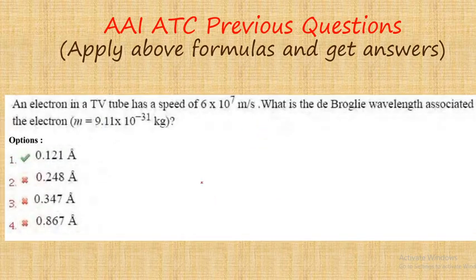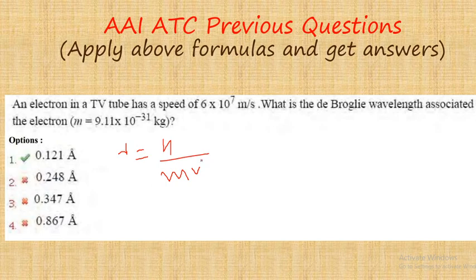So next we have an electron in a TV tube that has a speed of 6 into 10 to the power 7 meter per second. Now it is asking: what is the de Broglie wavelength associated with the electron? So just now we have seen the formula for the de Broglie wavelength. Lambda equal to h divided by mv, right?